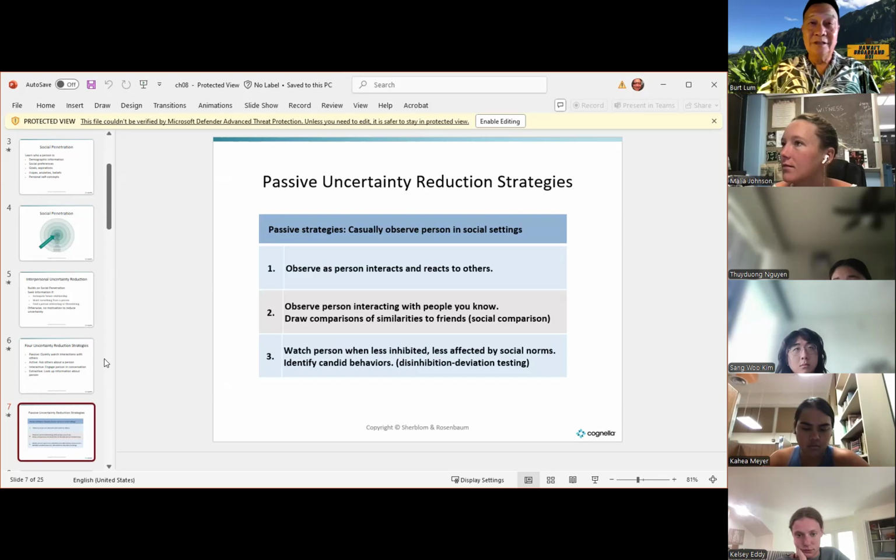So these are some more details as to what each of these strategies are and what would take place. In the passive strategy, you might get invited to a gathering, a meeting, or maybe a Zoom call, and you want to figure out who the players or the active participants are in this gathering.